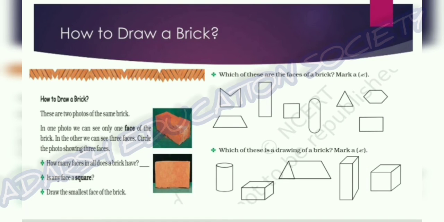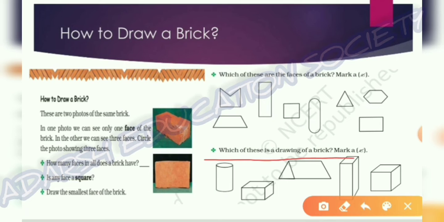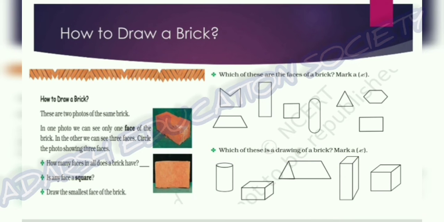Now next, which of these is a drawing of a brick? Mark a right. Here they give us many 3D shape drawings like cylinder, cube, cuboid, etc. We have to decide which is the drawing of a brick. Children, you all know the brick is always in a rectangular shape.